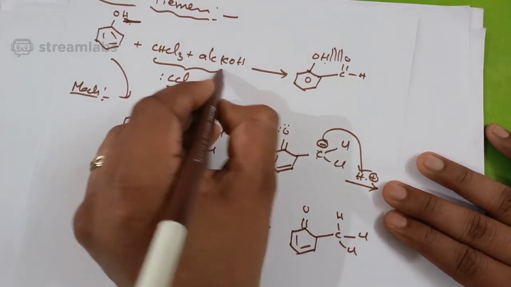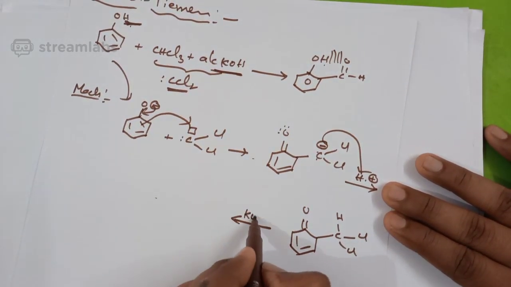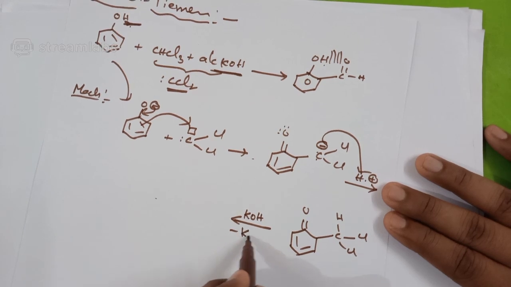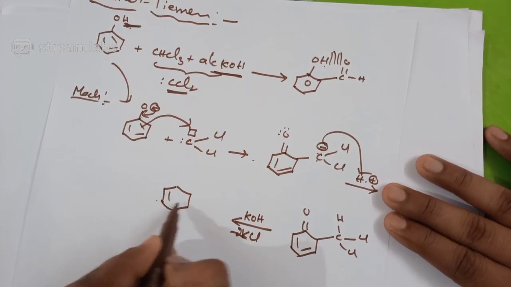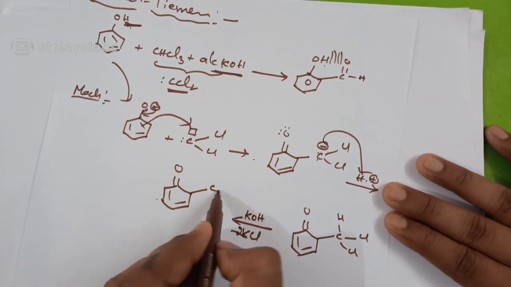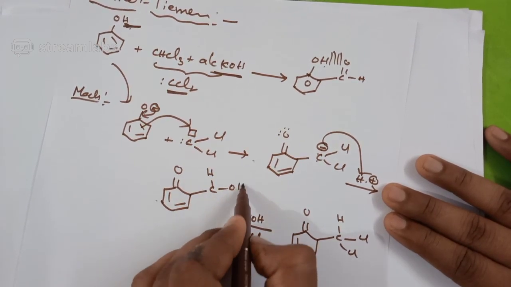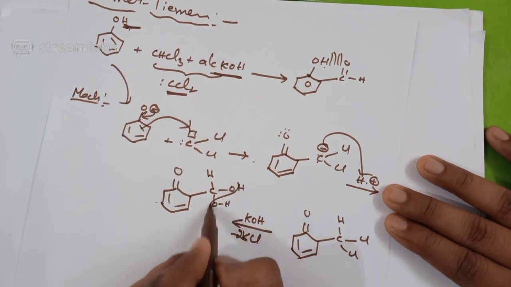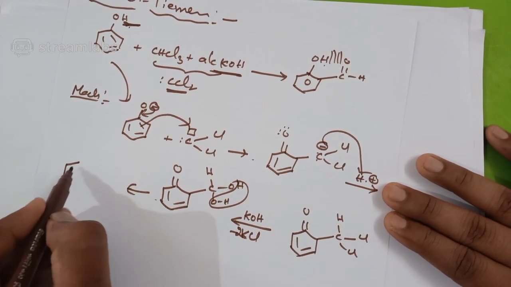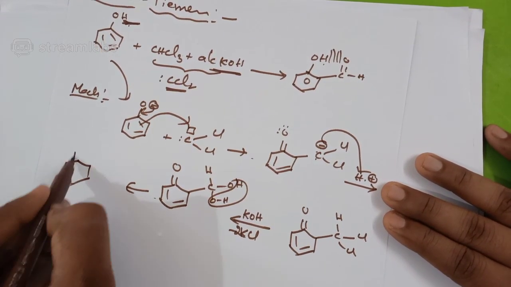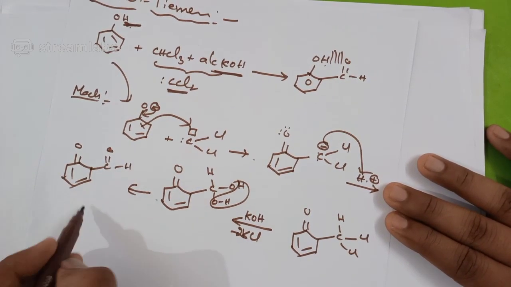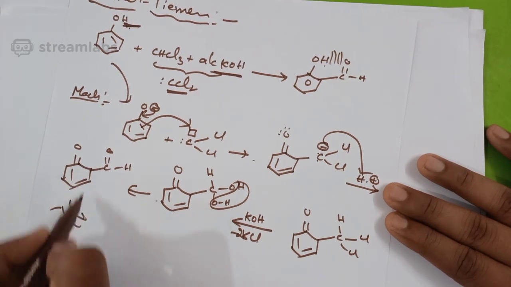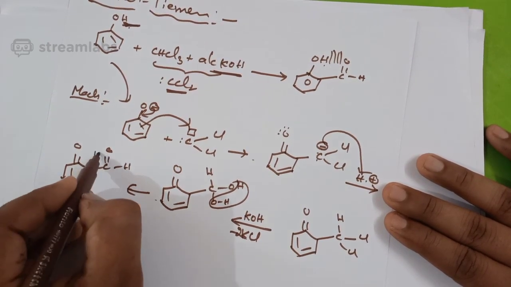Then they already gave KOH solution, so K plus Cl minus is removed and the OH group attacks here. H2O is removed. Right? It is involved in tautomerism because of the hydrogen.